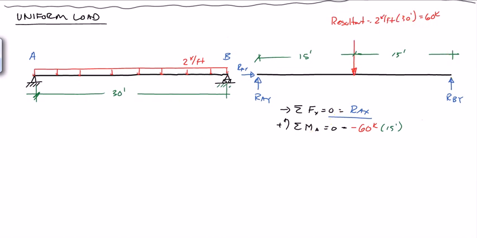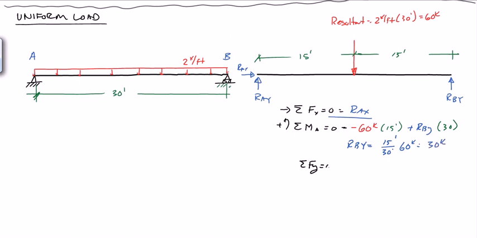So I get RBY times 30 feet, because 30 feet is the distance from A, and when we solve this we get RBY equal to 15 over 30 times 60 kips, which is 30 kips, which we expected.